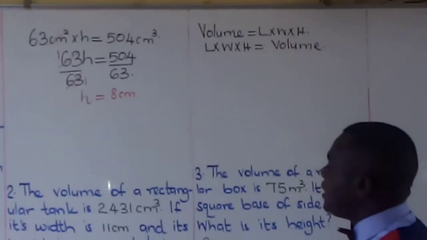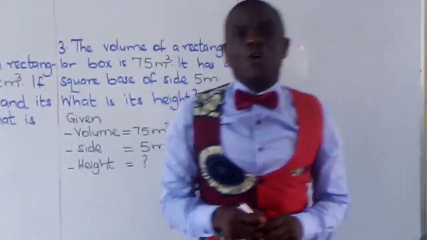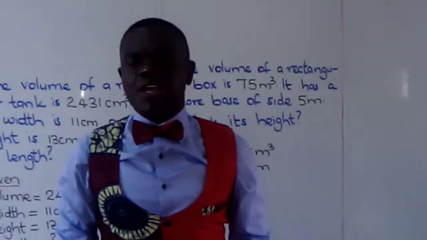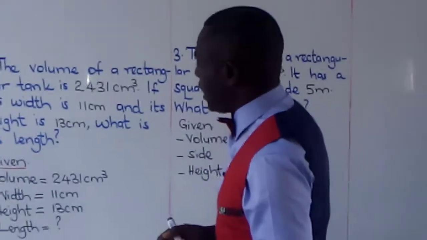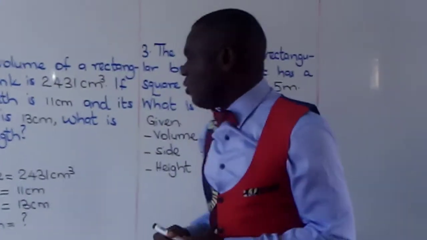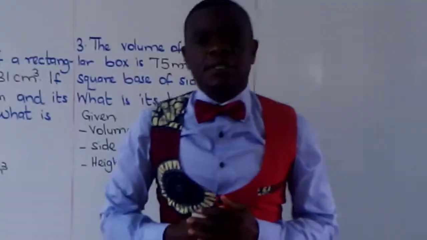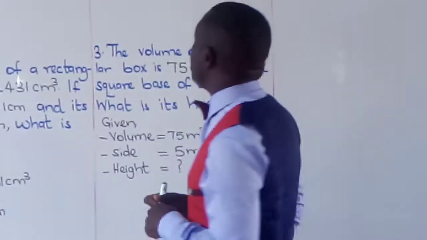And so we substitute. What is the value of the length? James. Very good. The value of the length is, sorry, not the length, the value of the width. Yes? Travis. The value of the width is 11 centimeters.